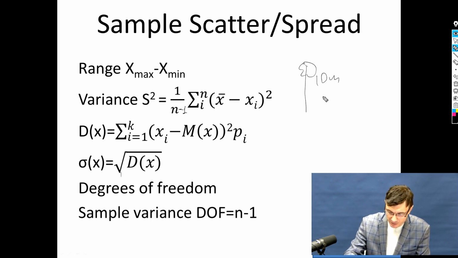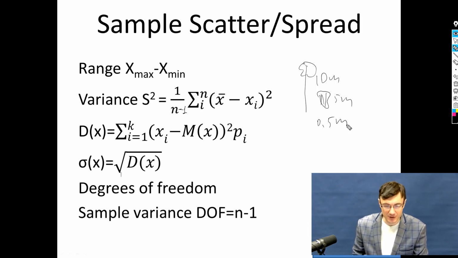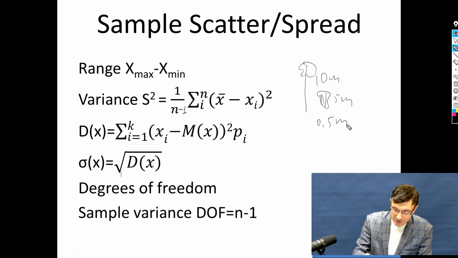Then we have bushes, which will be 5 meters, and some grass, half a meter. And when you calculate these parameters, you can hold the average or mean of maybe 5 meters.